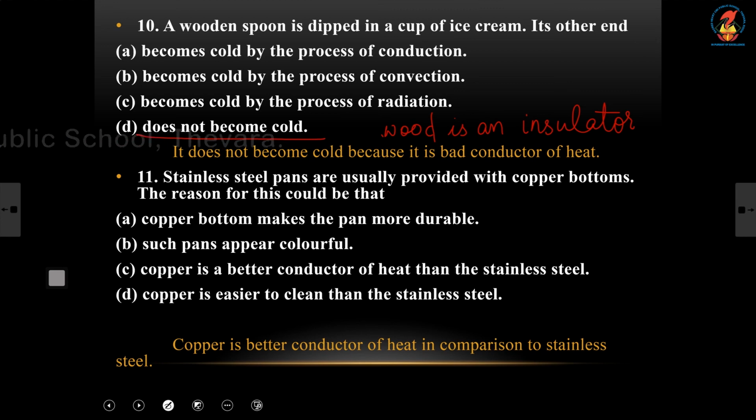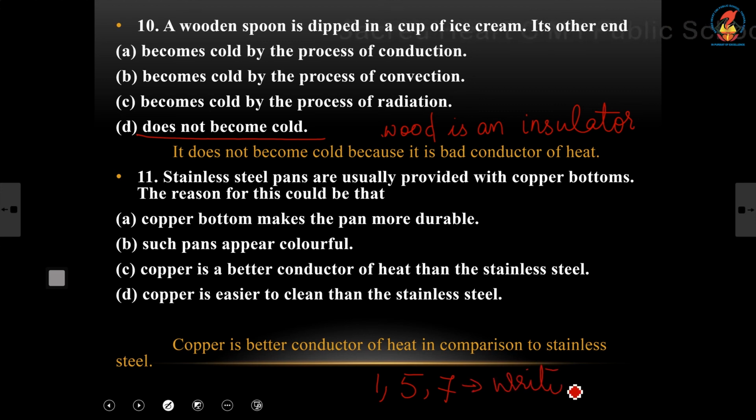So, only question number 1, question number 5 and question number 7 you have to write in your notebook. Question number 1, 5 and 7, write it in your notebook.